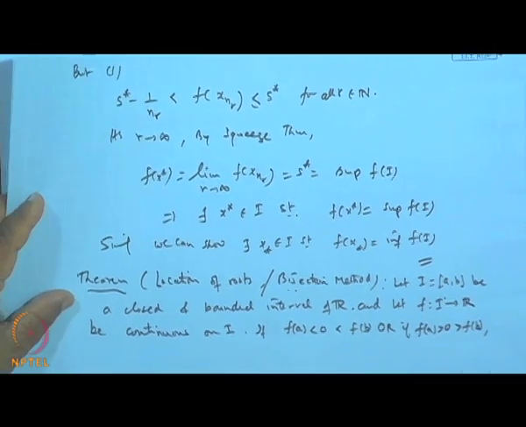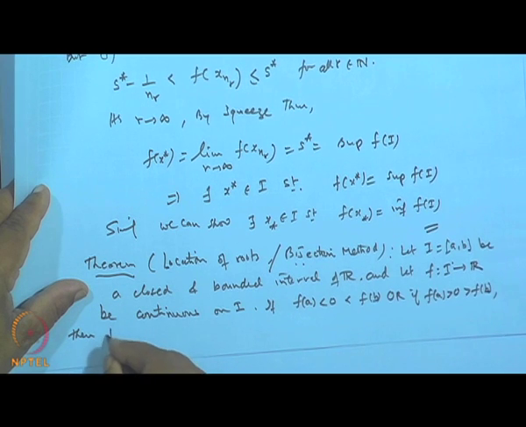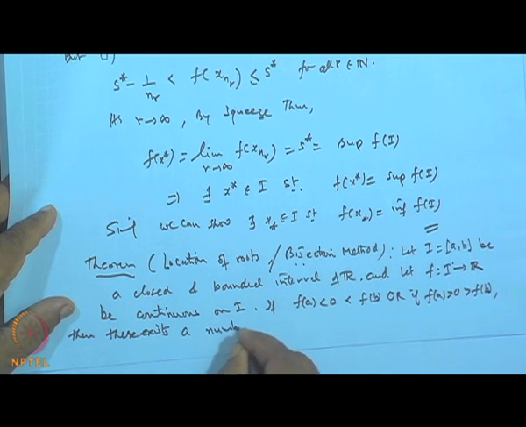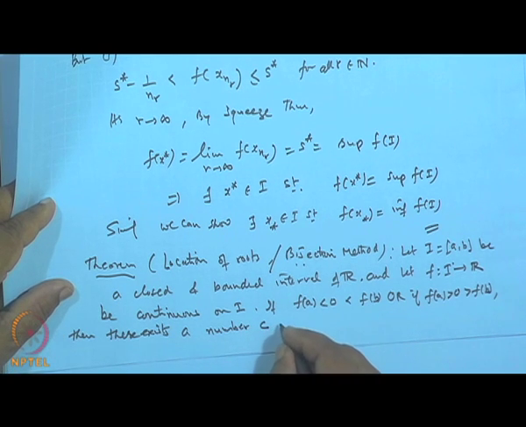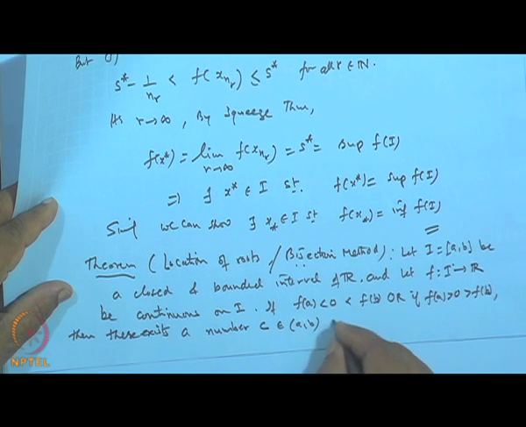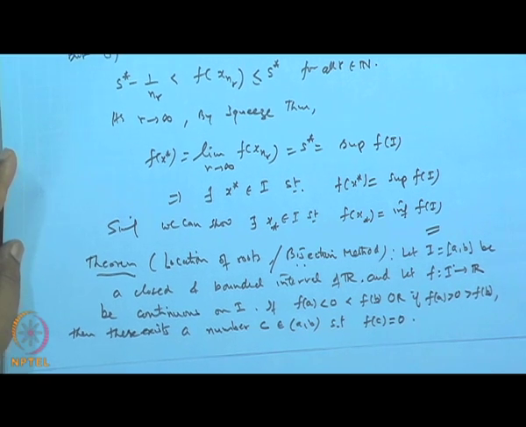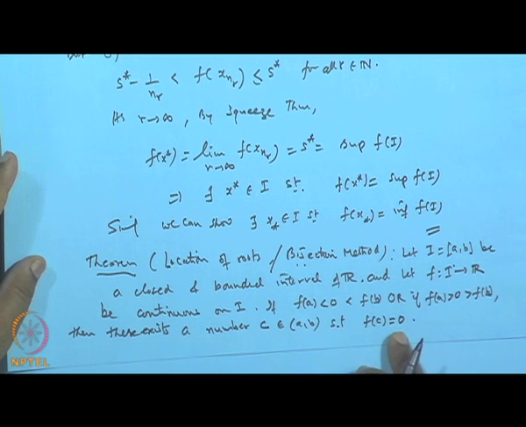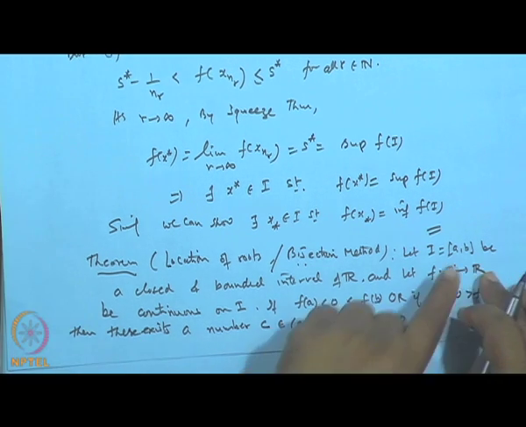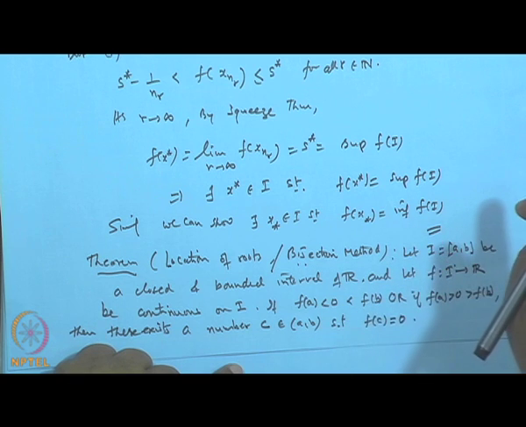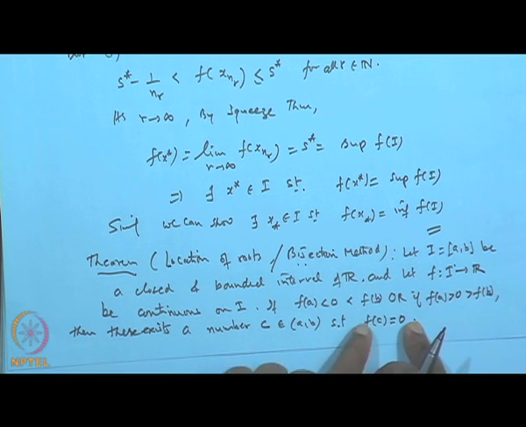Then there exists a number C belonging to the interval [A, B] such that the value of the function at the point C will be 0. So, this shows that we can identify the root of the function if a continuous function is defined over a closed interval [A, B] and has alternate signs at the endpoints.